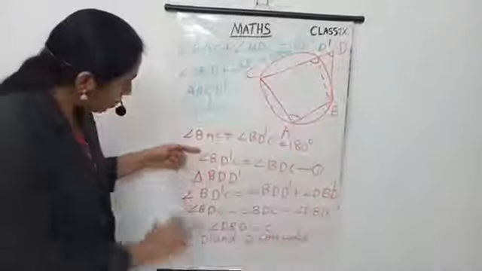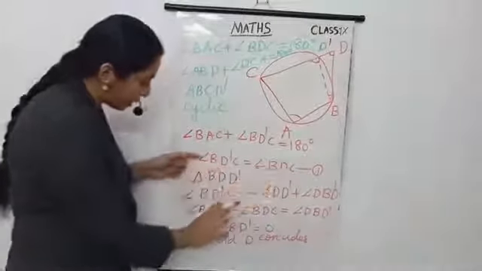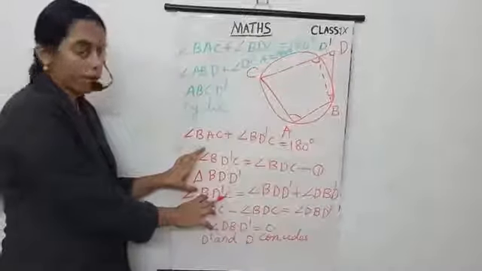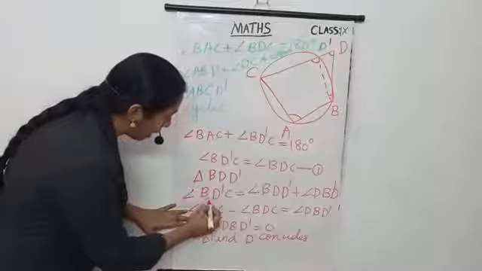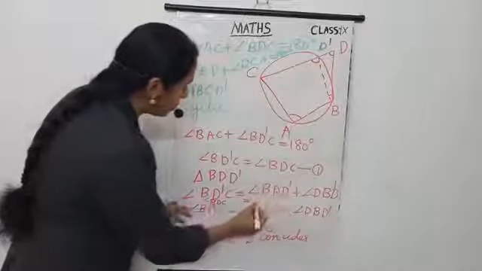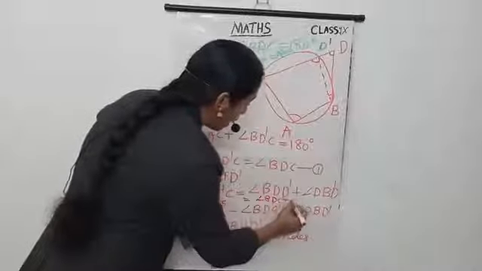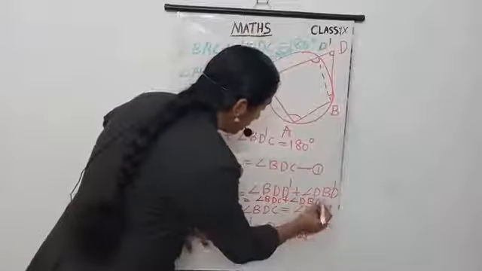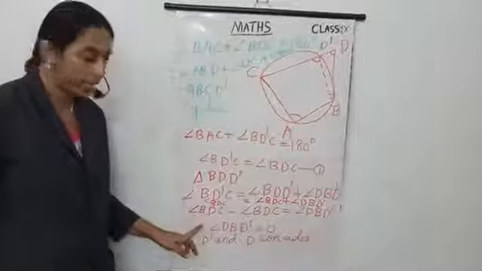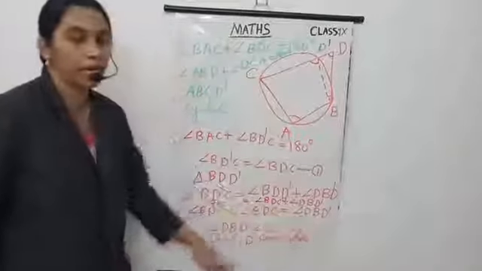Now equation 1 says that angle BD dash C equals angle BDC. Substitute: angle BDC equals angle BDD dash plus angle DBD dash. Now transpose angle BDC to this side: we get angle BDC minus angle BDC equals angle DBD dash.